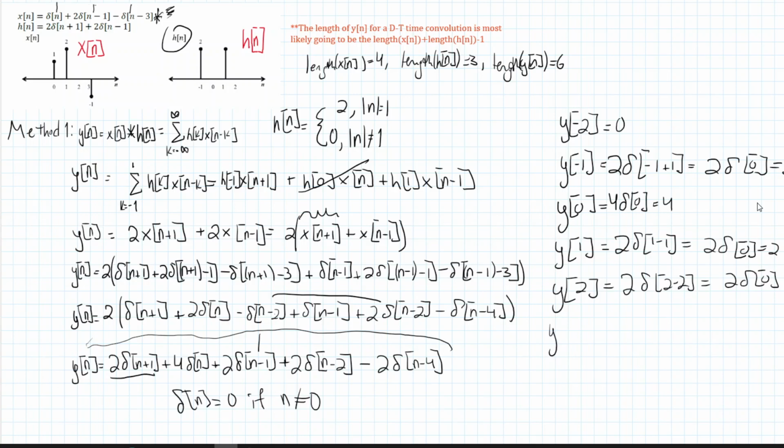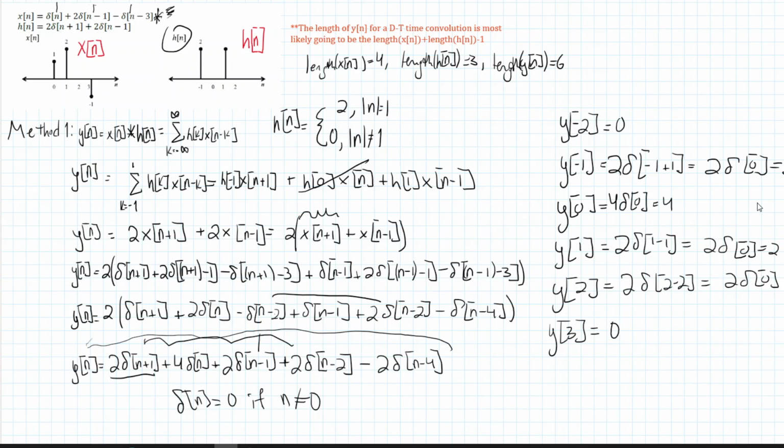And then y of 3, well, we've been working this way. We've been working from here to here to here to here. Well, there's no 3 here. So n minus 2 when n is 3 is 1, and n minus 4 when n is 3 is negative 1. So that tells us we're not going to have any delta functions that are being evaluated at 0.